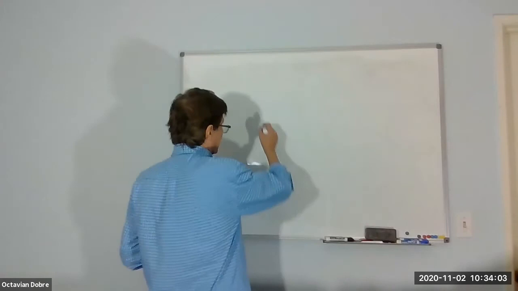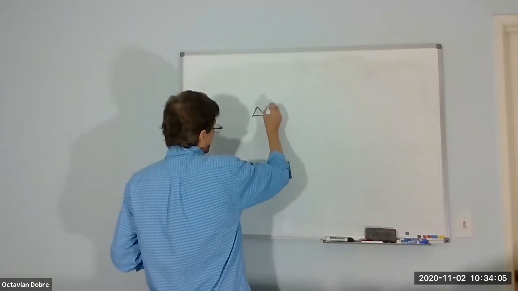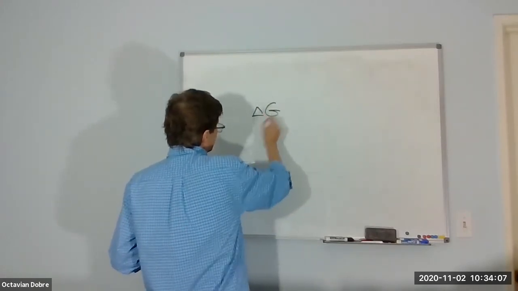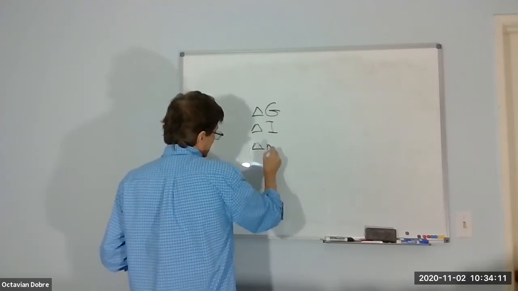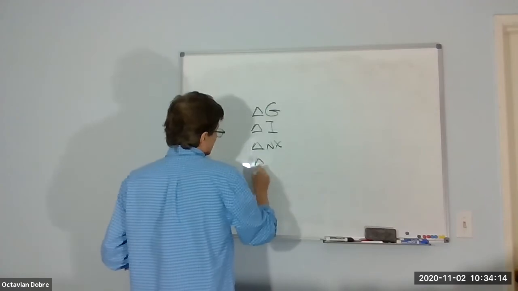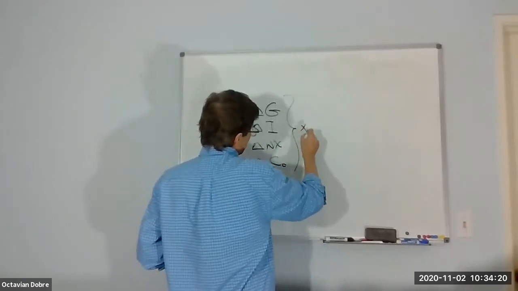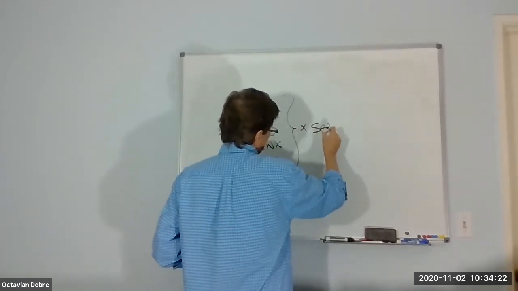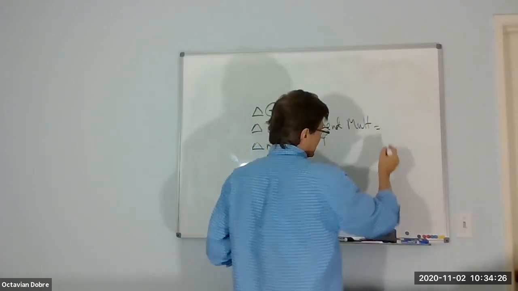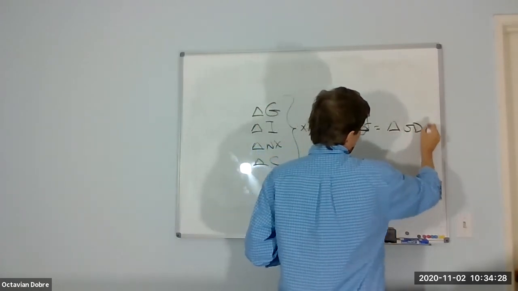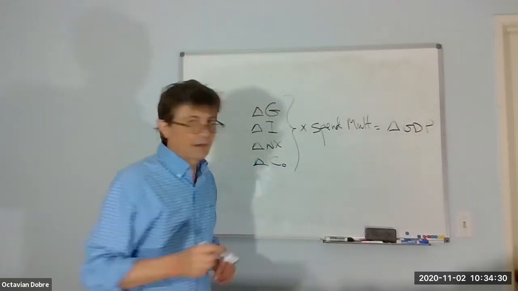So remember that any increase in government spending, investment, net exports, or autonomous consumption, times the spending multiplier, will result in a change in the GDP.